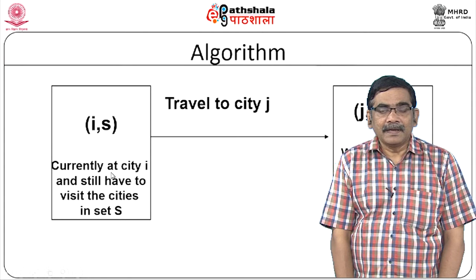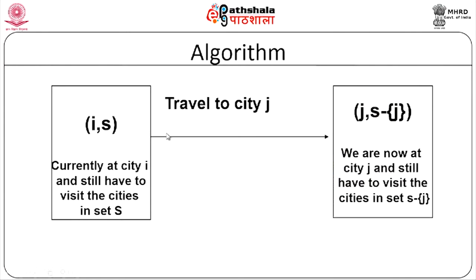Say for example, now I am currently in city I, then I travel to city J, meaning the Jth city is visited. That means I should not visit J again.